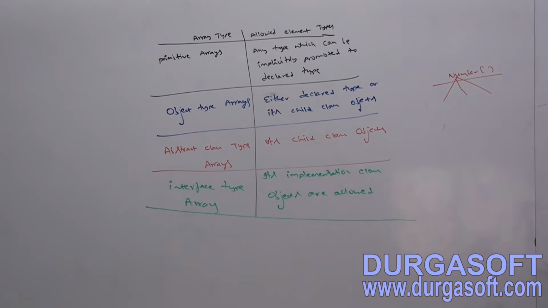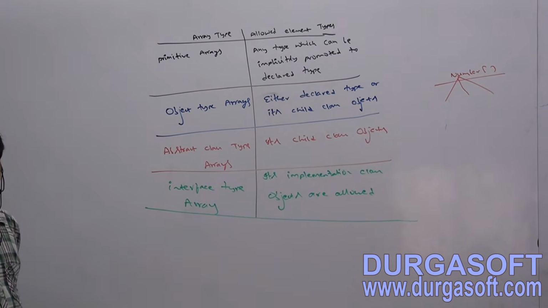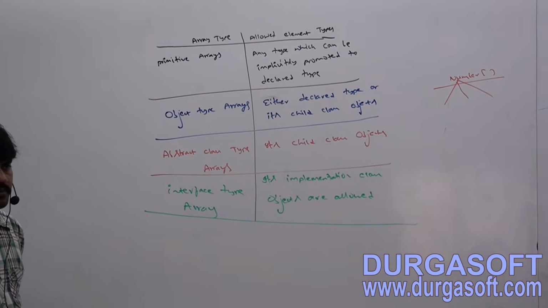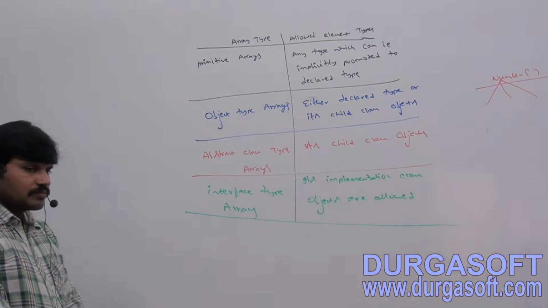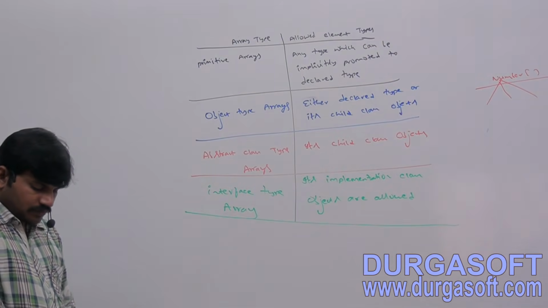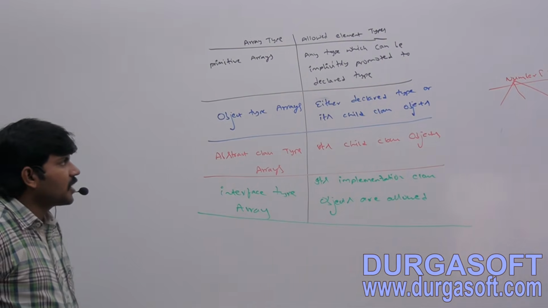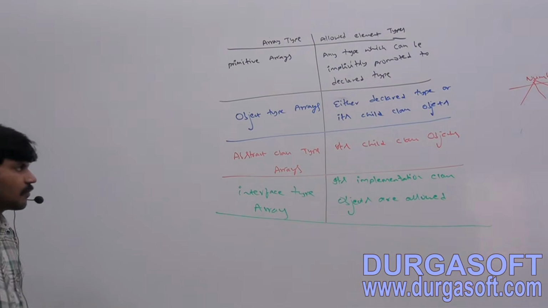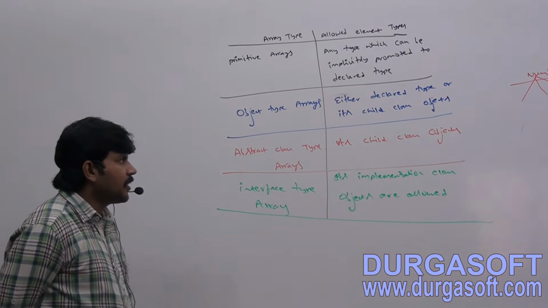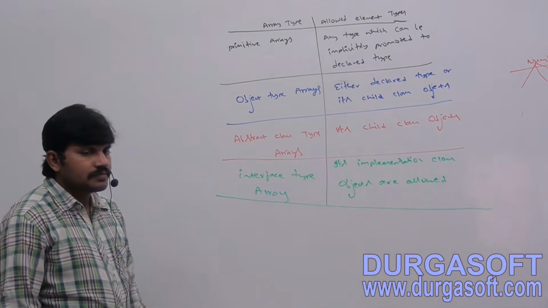Array type, allowed element type. Primitive arrays: any type which can be implicitly promoted to the declared type. Object type arrays: either the declared type or its child class objects.